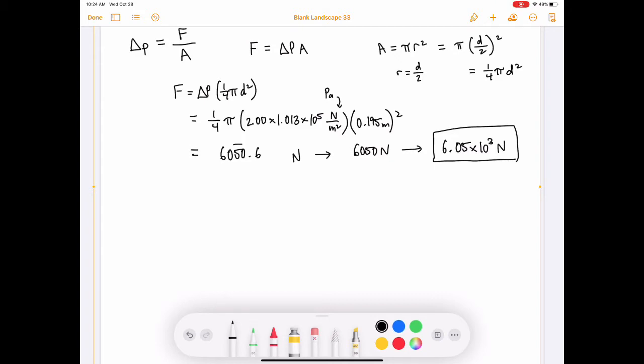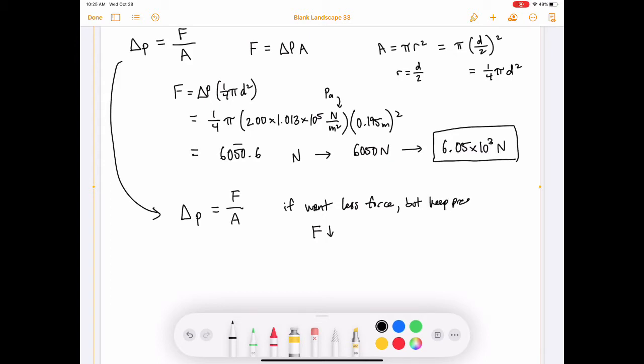Okay, so now let's take a look at this equation. I'll just write it down again. Delta P, the pressure increase, is equal to the force you apply divided by the area. If we want to use less force, so if we want F to go down, but we want to keep the pressure the same, well, the only way to make that work is for the area to also go down, because the pressure is equal to the force over the area.